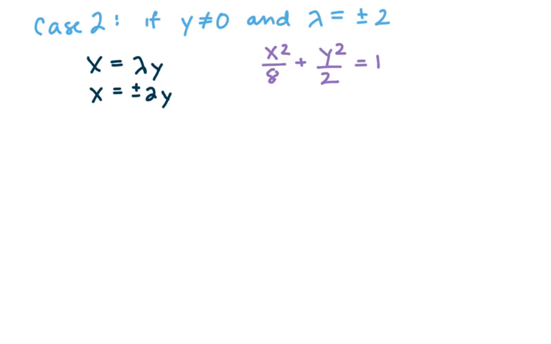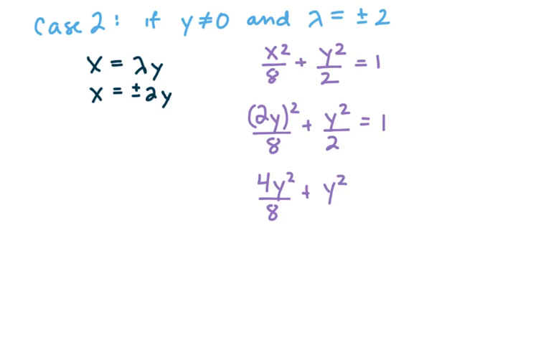So if x is equal to this value, and I can do both at the same time because plugging a positive or negative in here is going to square that, I'm going to end up with 2y squared over 8 plus y squared over 2 equals 1. 4y squared over 8 plus y squared over 2 equals 1.